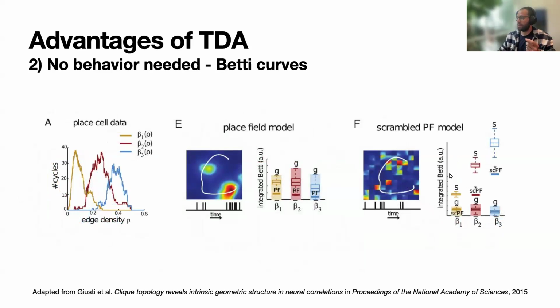And again, the Betti curves detect that difference. So G is for the geometric, that's their raw data. And then you see the scrambled place fields are quite a bit different, and the shuffled is more different still. So they're able to detect this kind of correlation structure from the neural data alone without any reference to behavioral correlates. And they can do so quantitatively with lots of nice statistics.